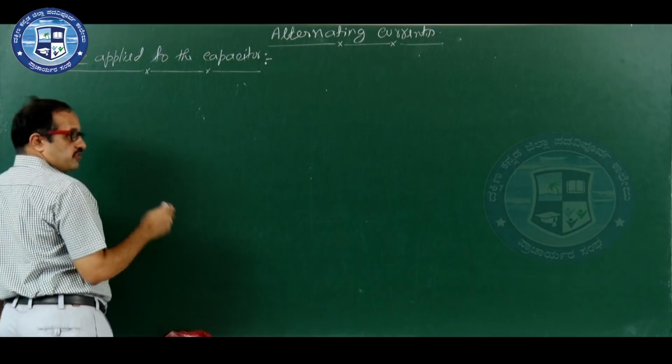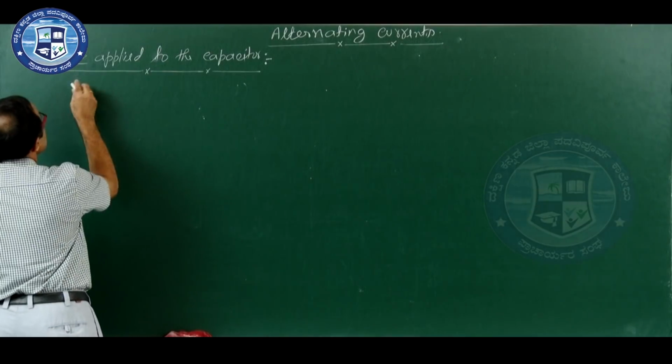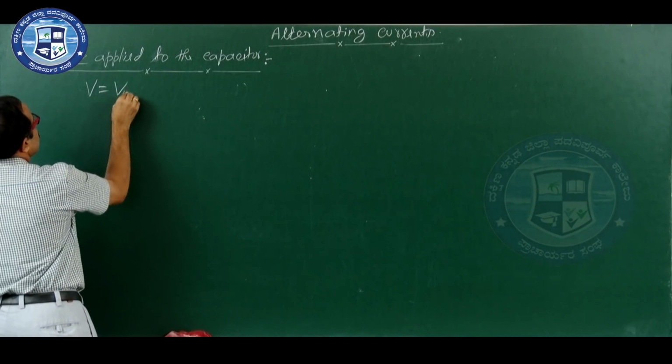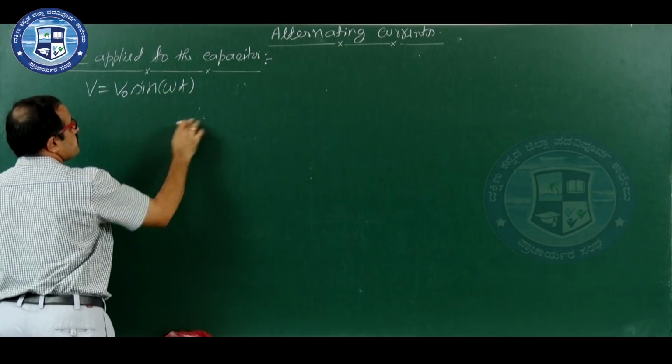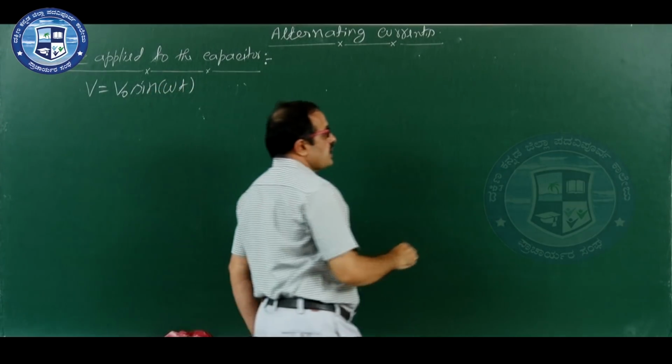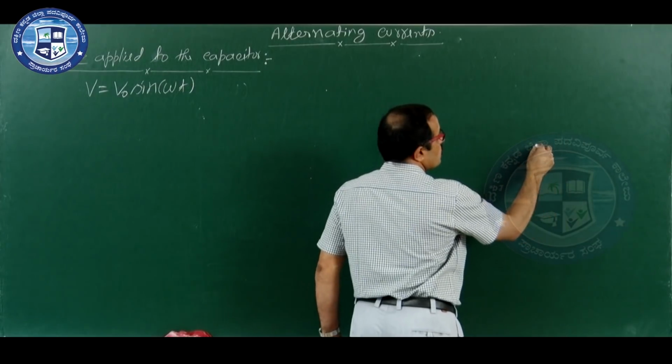Now, graphical representation. V is equal to V naught sin omega t, and I want to plot the graph of voltage.